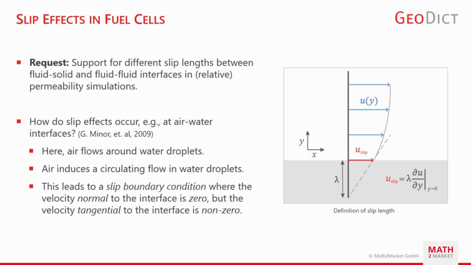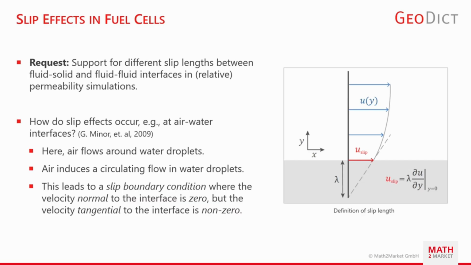On the top, you have a flow channel. On the bottom, you have a solid obstacle and a pore-solid interface. Usually, when you do flow simulations, you assume no slip at the interface between pore and solid, which means no flow into the solid, but also tangential to the interface you have zero velocity. But when you have slip flow, you can have a tangential velocity which is not zero.